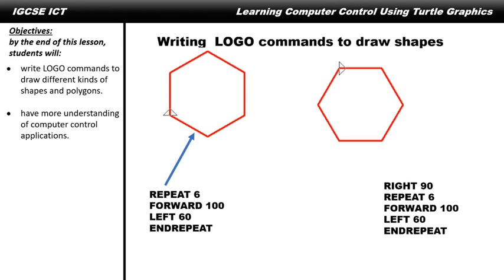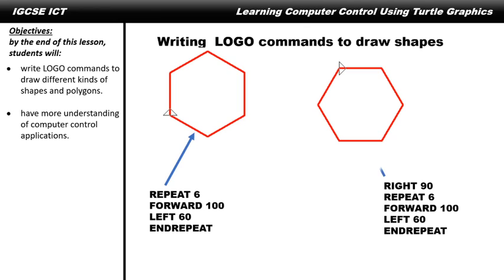Then you repeat the length of the polygon, then left or right the exterior angle, and that draws the polygon shape for you. You can try any of them using the software to see how it works.